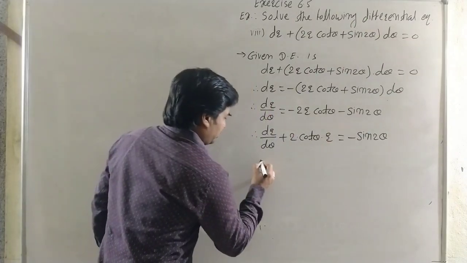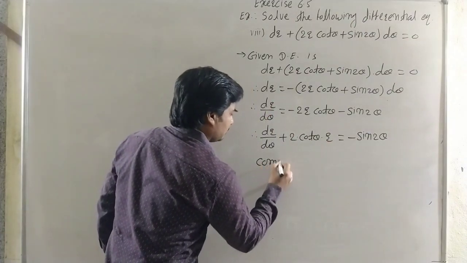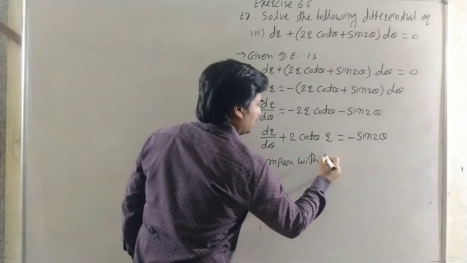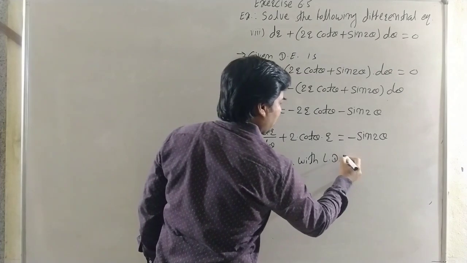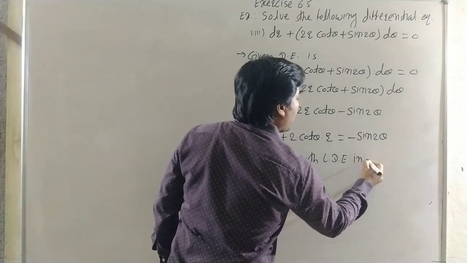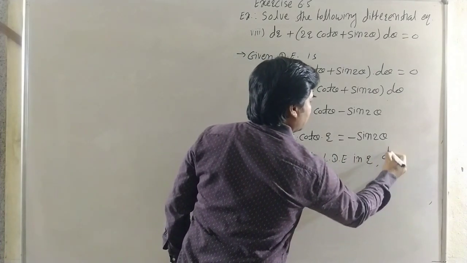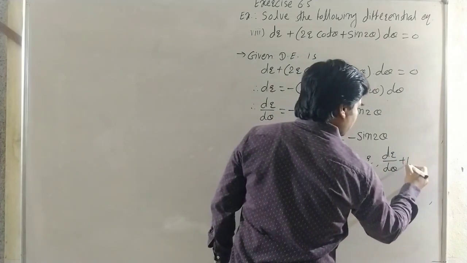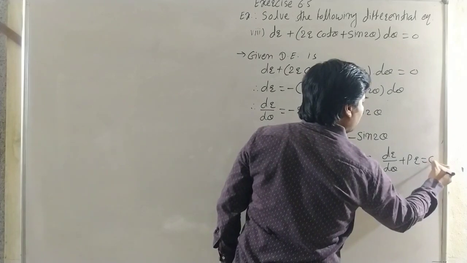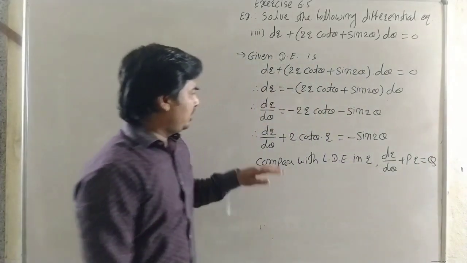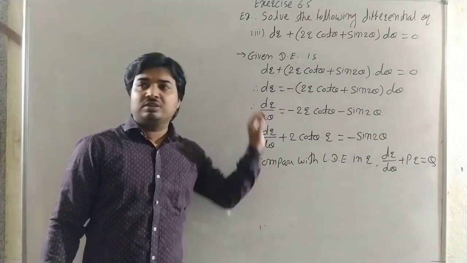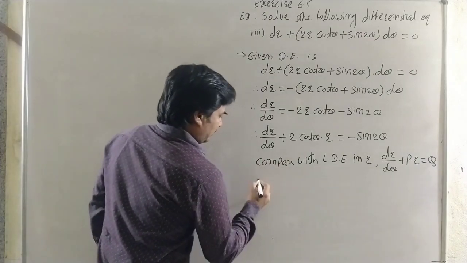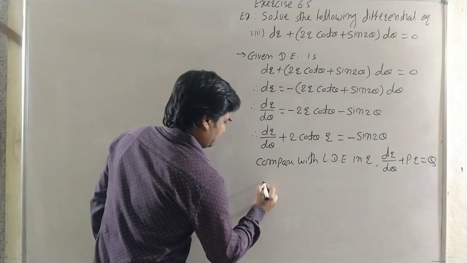Now compare with the linear differential equation in r: dr by d theta plus P r is equal to Q, where P and Q are functions of theta or constants. Then first find the integrating factor.